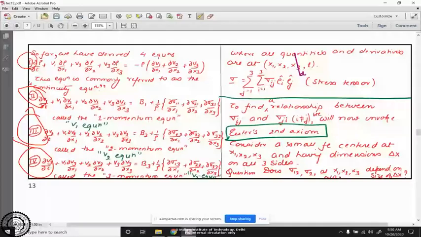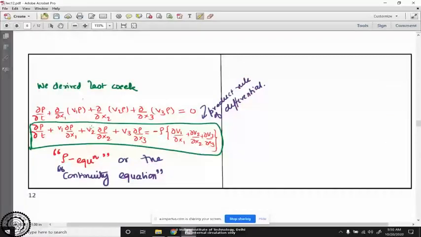Now that equation sometimes is also cast in a slightly different way. The equation remains the same. Many times we apply the product rule of differentiation on the individual partial derivative terms, keep these terms on the left hand side and take the remaining part to the right hand side. I hope you will be able to recognize what this is. This is an identity we have already seen before. This is nothing but V dot, the advection operator acting on rho.